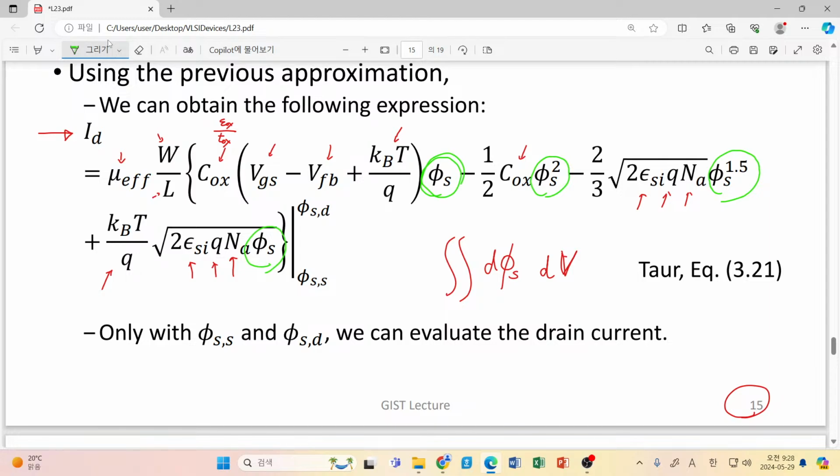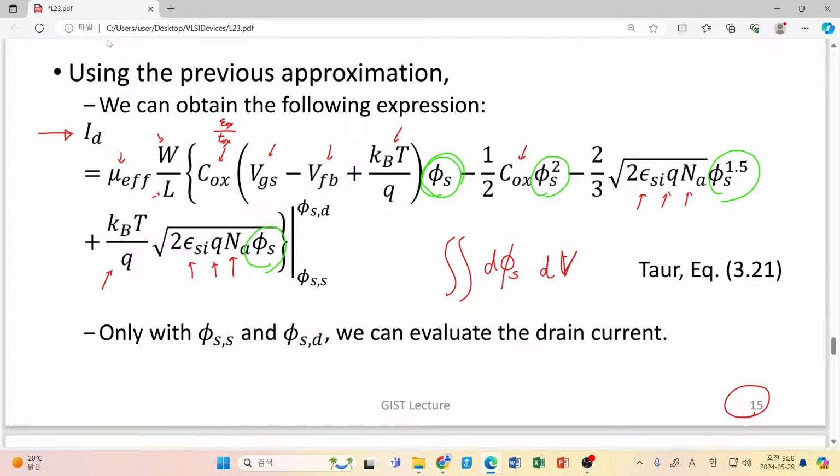So please have a look once again at Tower equation 3.21. Although seemingly quite complicated, it just says that all other quantities are already known, and these green colored ones are just powers of our surface potential. It means that when we can calculate surface potential, then we can calculate it.